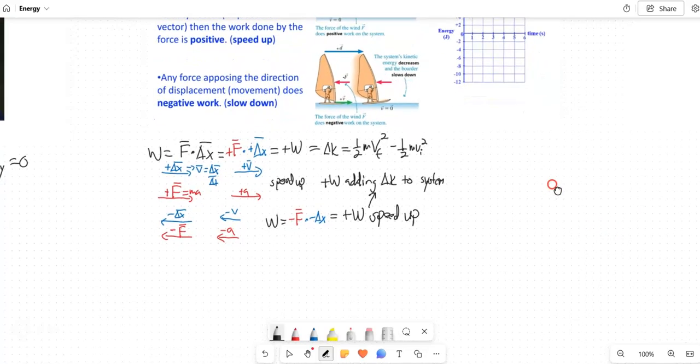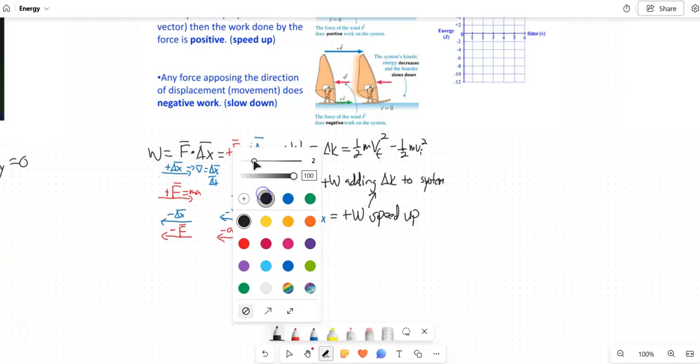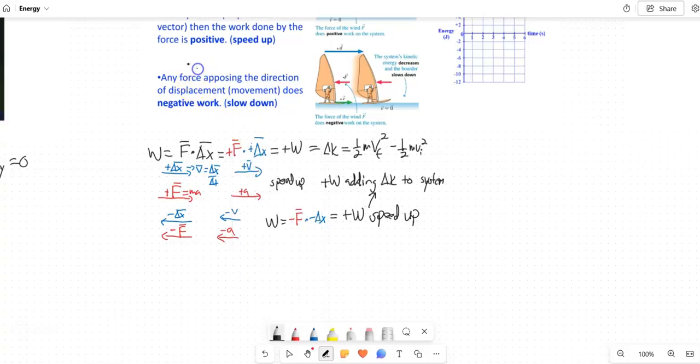Now, another way of seeing this, what negative work is over here, is when you're moving to the right, but the force vector is working opposite your direction.